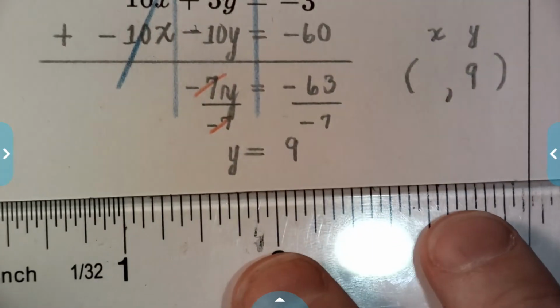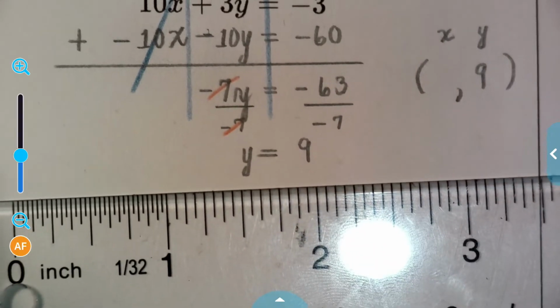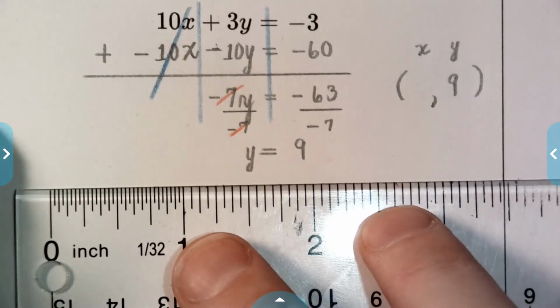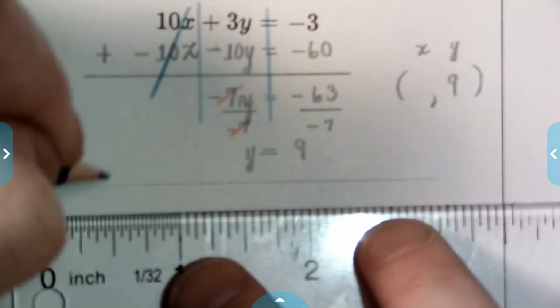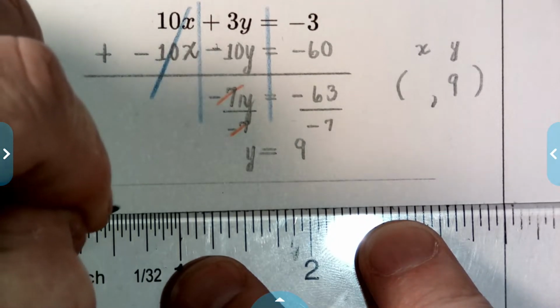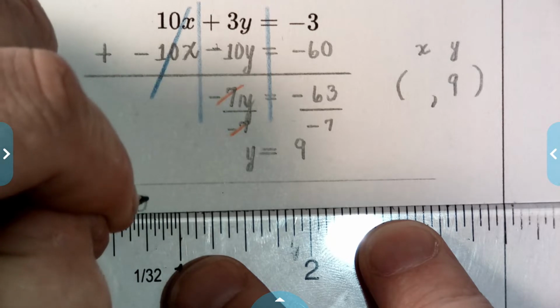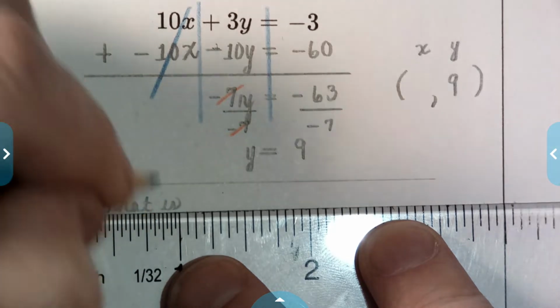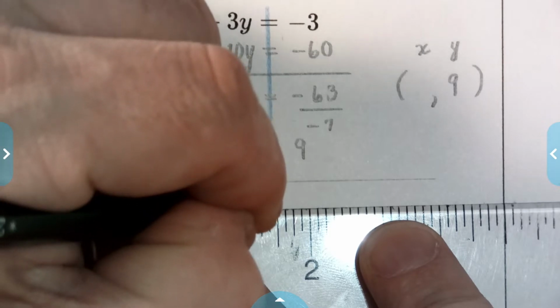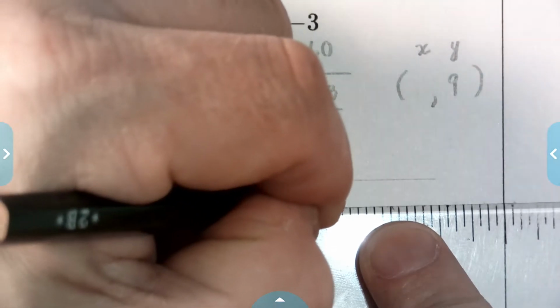Okay. Zoom out a little bit. Okay, so this is kind of part 2, right? So when the question is, what is x when y is 9?